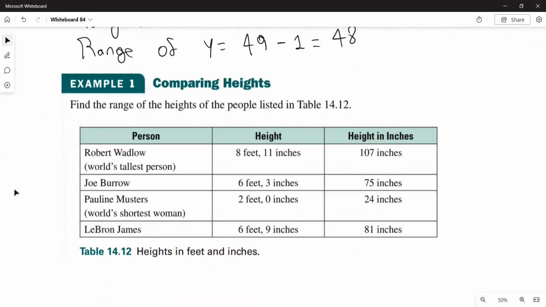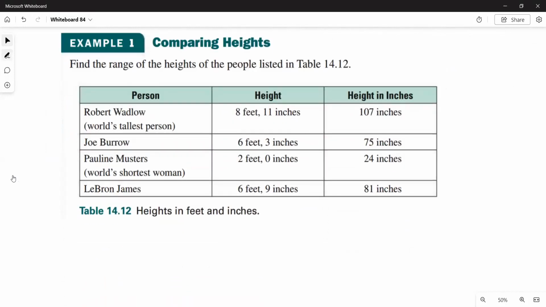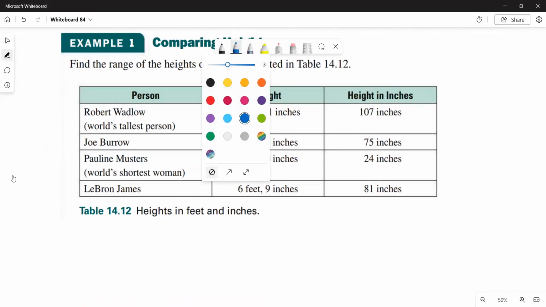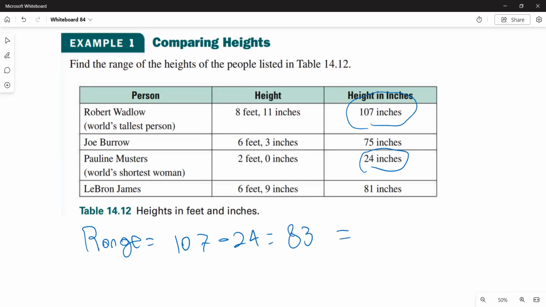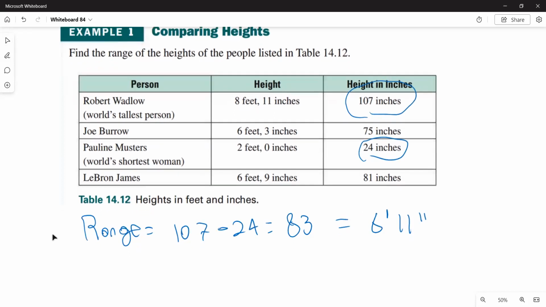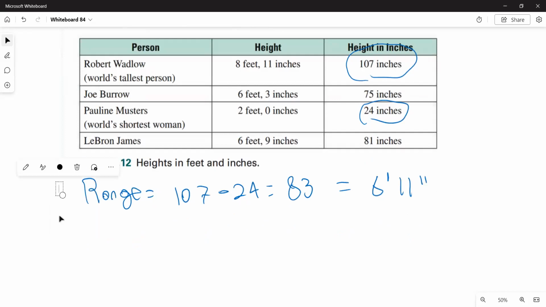I'm sure you can identify the largest and the smallest values. So the range is going to be 107 minus 24, which is 83 inches, or 6 feet 11 inches. Once you identify the smallest and largest values, it won't take you too long to compute the range. But because it is so simple, it can be misleading.